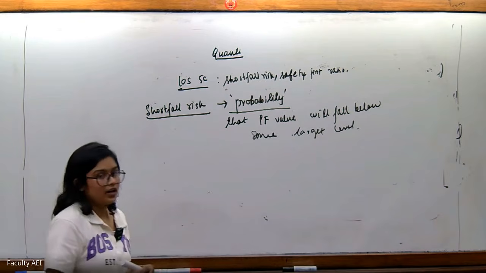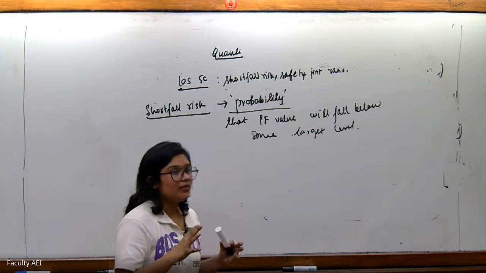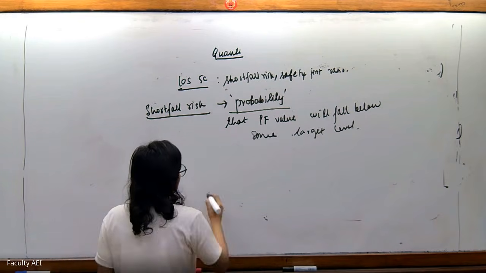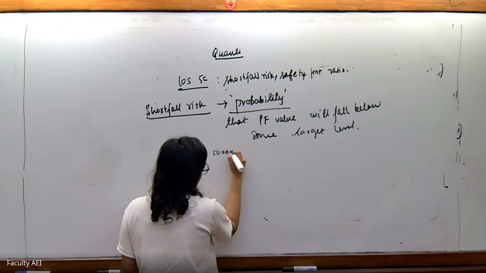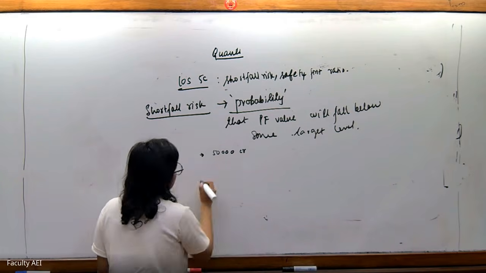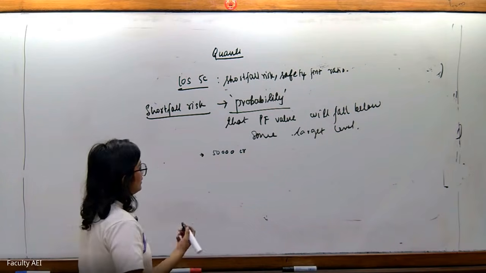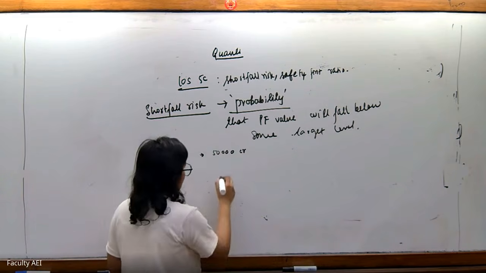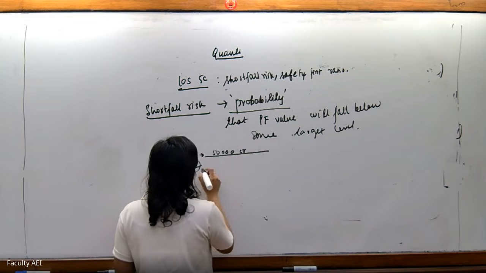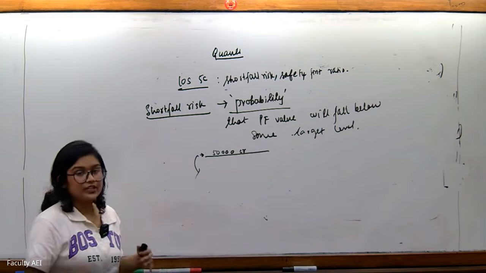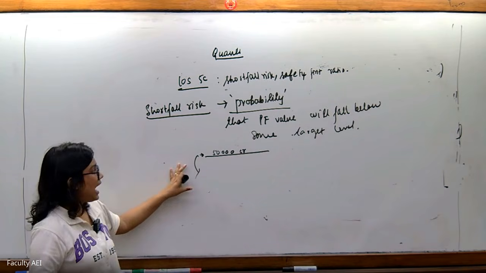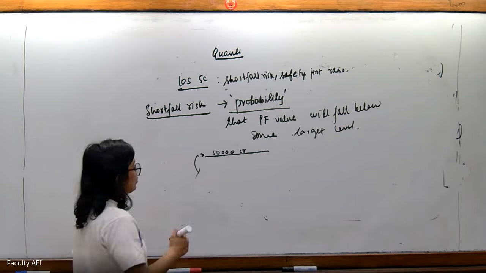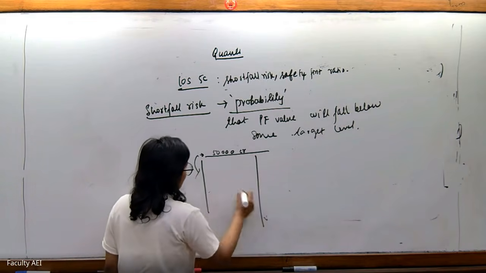Let's say the company has decided that 50,000 crore is my level, beyond which if my total asset value goes below, then I am at risk. So the probabilities are defined.